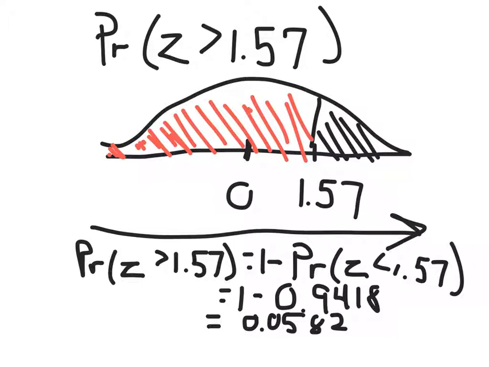Okay? All right. So when it's greater than, you do 1 minus. When it's less than, you just read it out of the table. Okay, well that's not so bad.